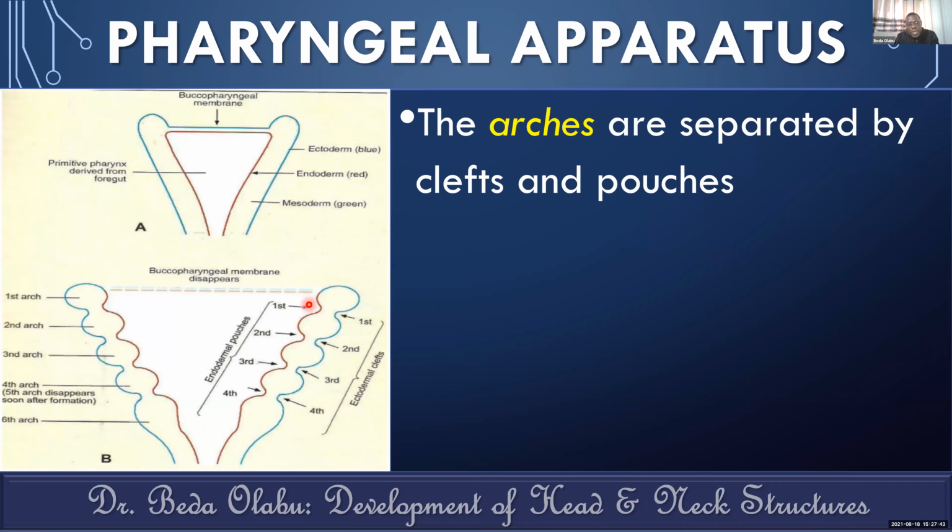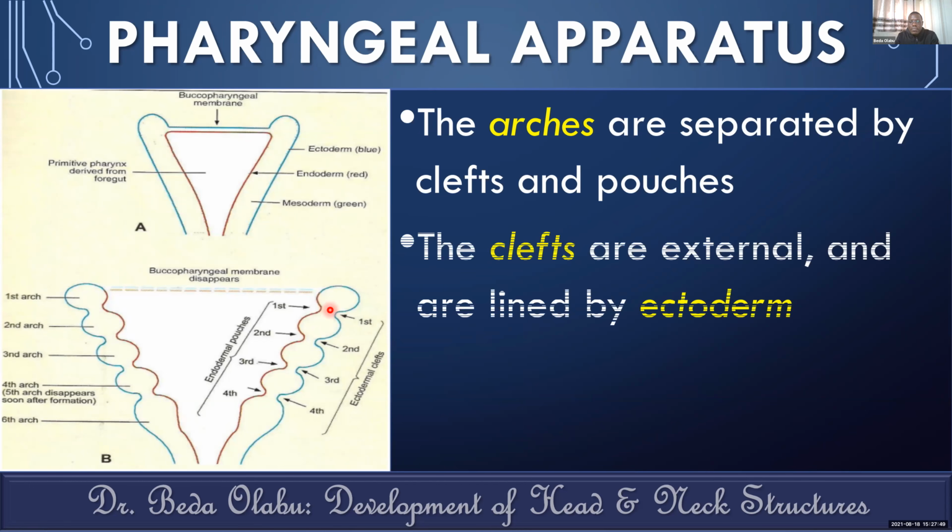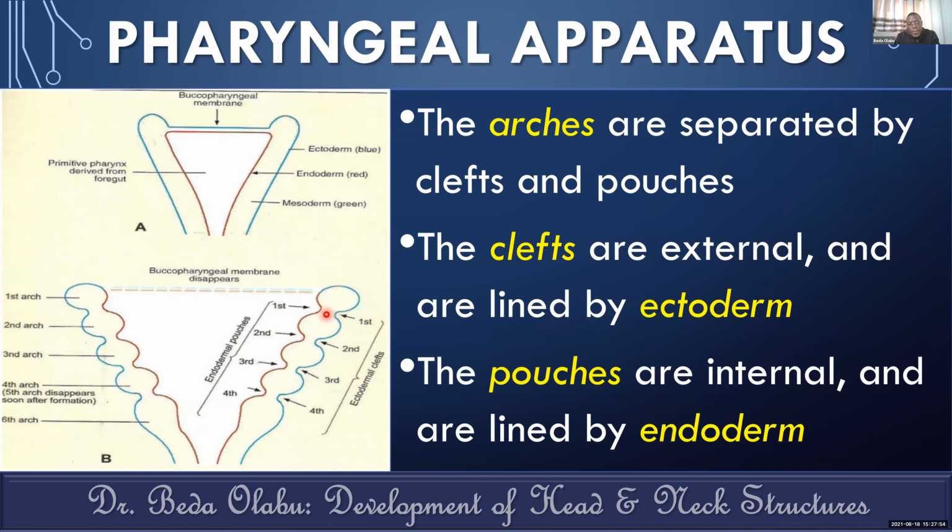A pharyngeal pouch is lined by endoderm because from the inside. Importantly also to note in this image is that between one arch and another one, that region of narrowing, remember the pouch is the depression on the inside. The cleft is a depression on the outside.